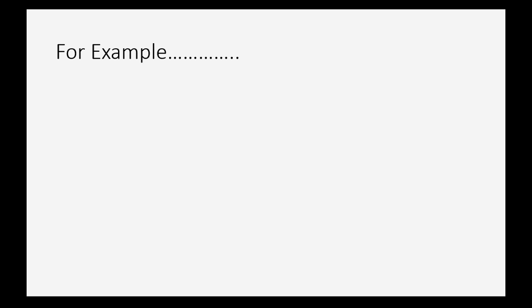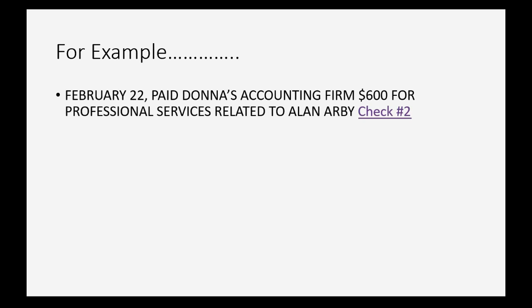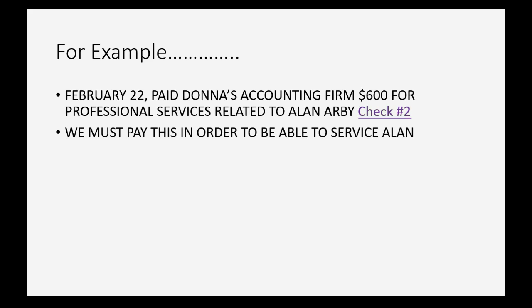For example, let's imagine on February 22, we paid Donna's accounting firm $600 for professional services related to Alan Arby, the customer, and we gave her check number 2. So we must pay this in order to be able to service Alan, so we will therefore include Alan's name when we record check number 2.